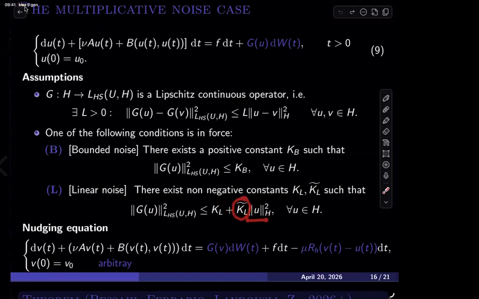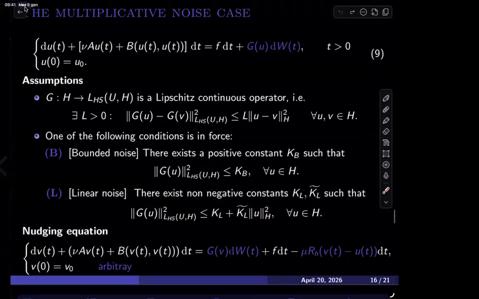K tilde L times U. Okay, so basically K_L represents the intensity of the additive part of the noise, and K tilde L the intensity of the multiplicative part of the noise, and we suppose that the growth of the noise is linear.